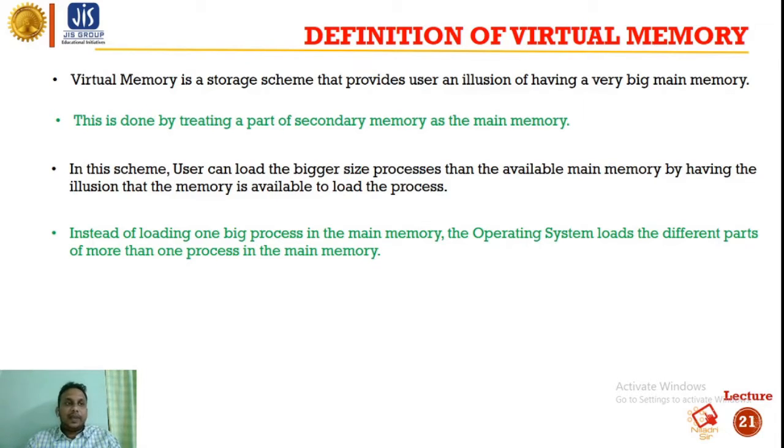That process is divided into different parts. Suppose it is divided into 10 parts, P1, P2, P3 up to P10. Suppose P1 to P5 are executing in the main memory, and P6 to P10 are in the virtual memory, or basically in the secondary memory.